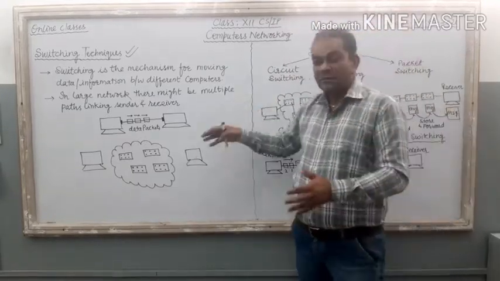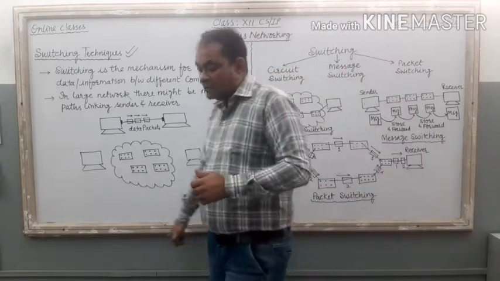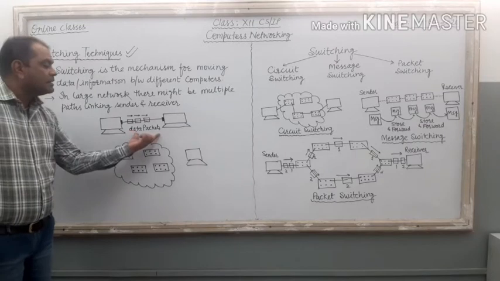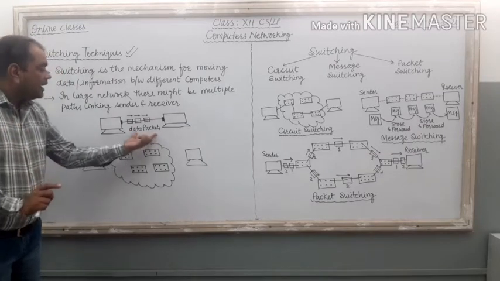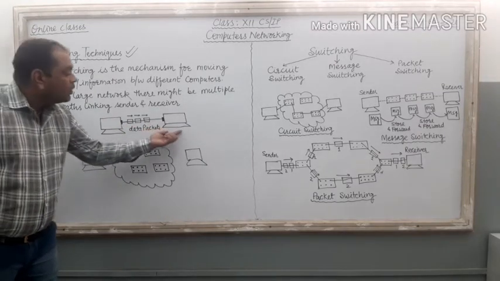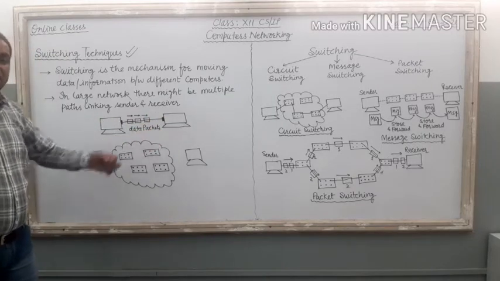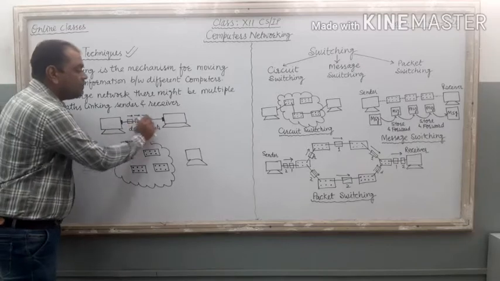Clear? Now, very first, we will talk about a very small computer network that is related with only two PCs. Two PCs are connected with each other with a wired communication medium.